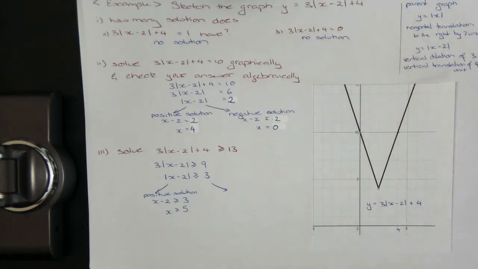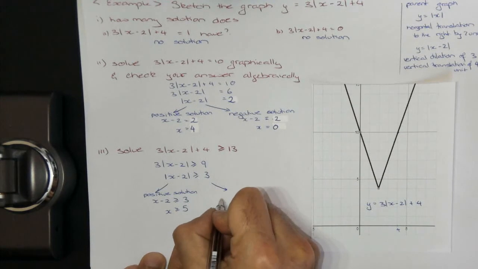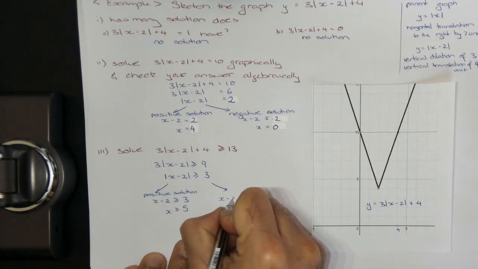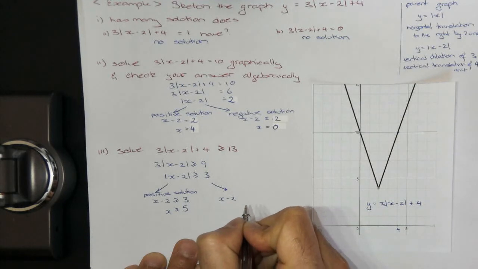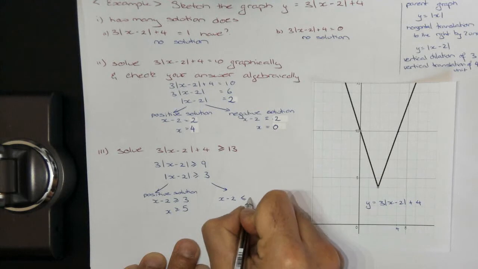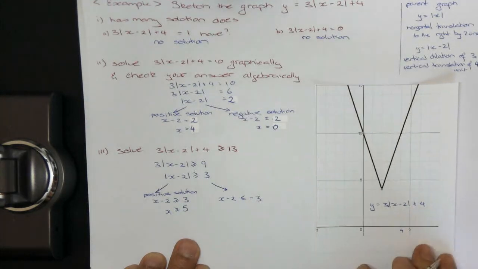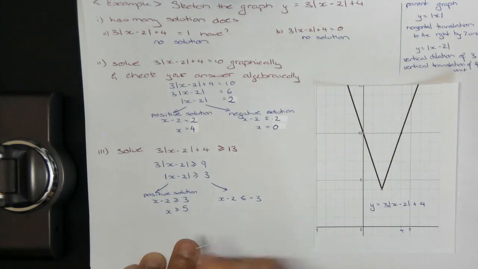And then we're going to also get the negative solution. So x minus 2, and we want to get the negative solution. Notice that I flip the sign when I want my negative solution.